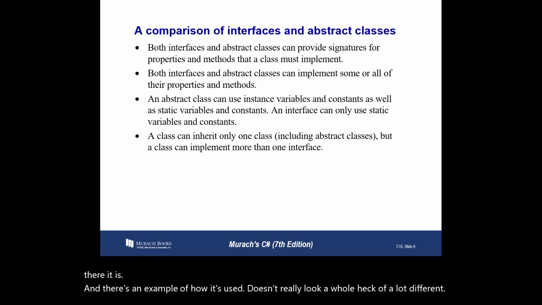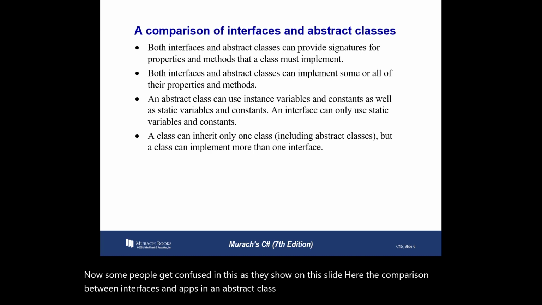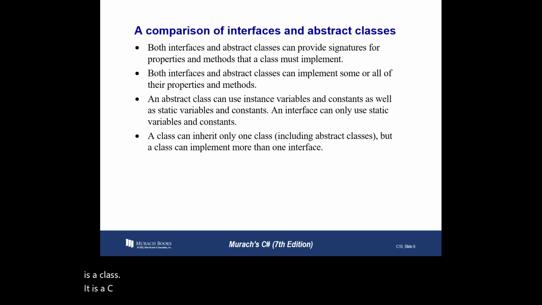All right. Now, some people get confused, and this, as they show on this slide here, the comparison between interfaces and abstract classes. The biggest difference between them, and I don't care what it says on this slide, the biggest difference between them is an abstract class is a class. It is a C# class file.